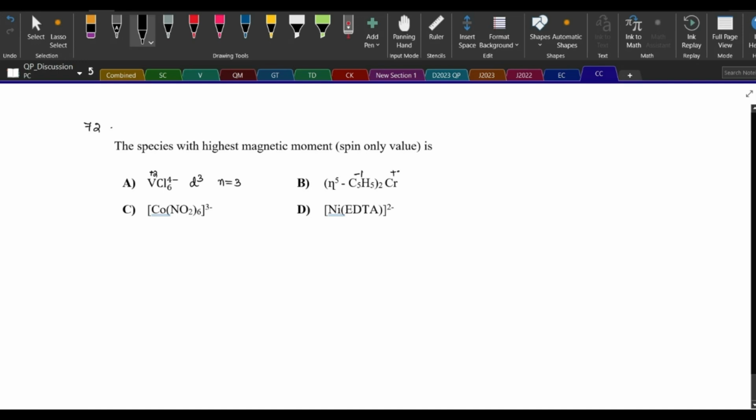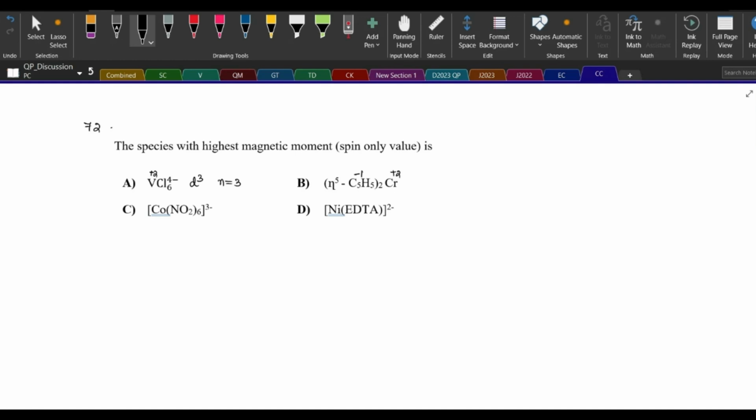So chromium will be +2. Okay, when chromium is +2, what happens? This is a d4 system. But when carbon donors come, they are strong. Methyl, phenyl, cyclopentadienyl, these are all very strong ligands. So there is a chance for pairing up here.